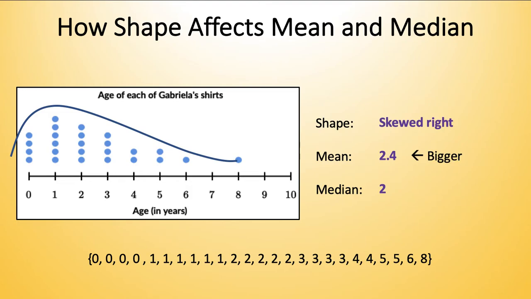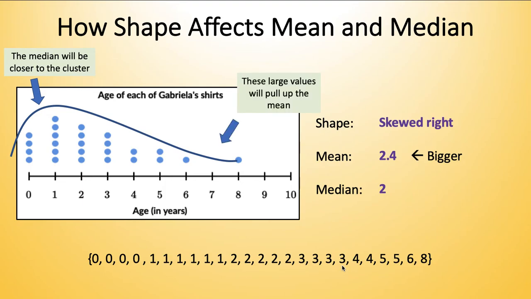Notice in this third example, the mean is actually bigger than the median. This makes sense if you think about it, because remember, the median is going to be closer to the cluster. The mean, on the other hand, is an average calculation of all of the data values. So that handful of larger values are going to pull up the mean.